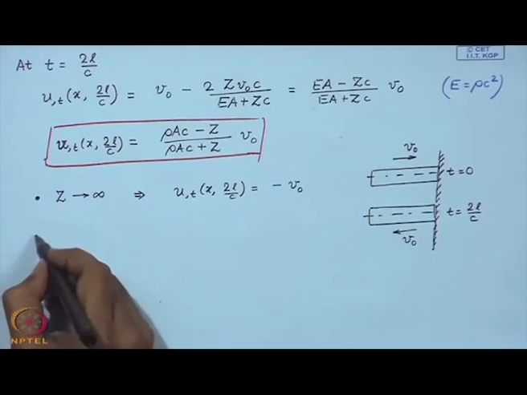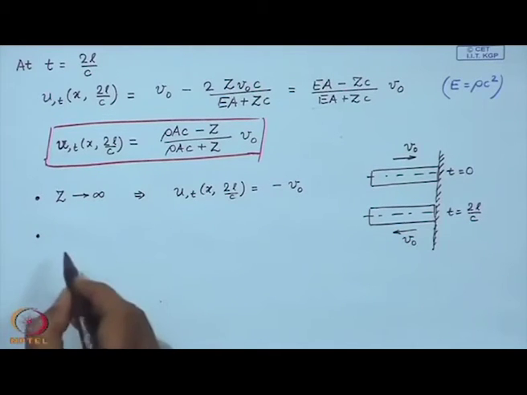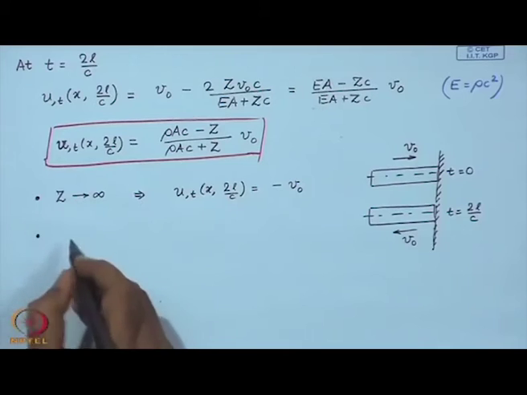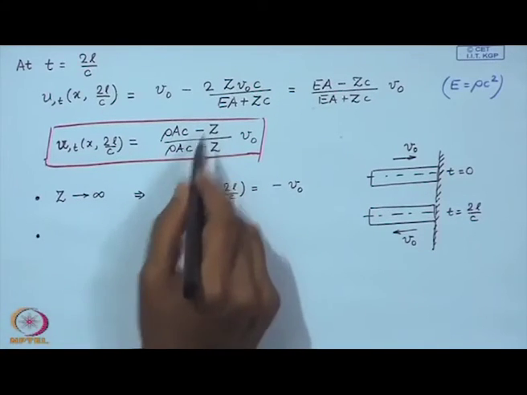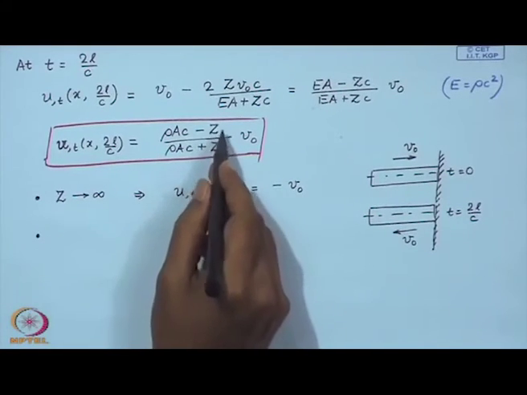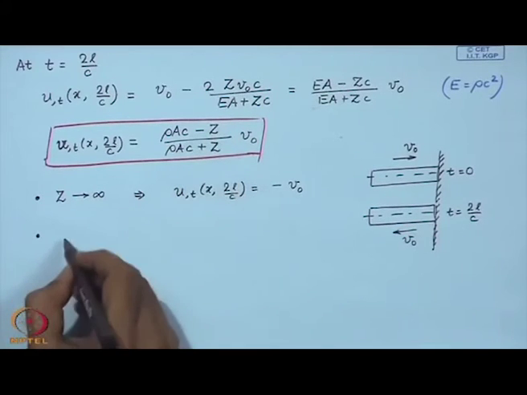Now, we can consider the case where z is finite. Now, there can again be three cases.